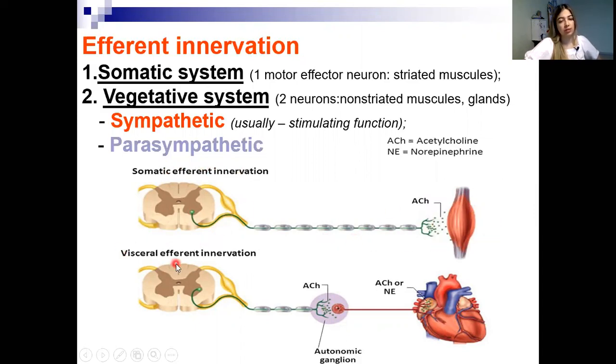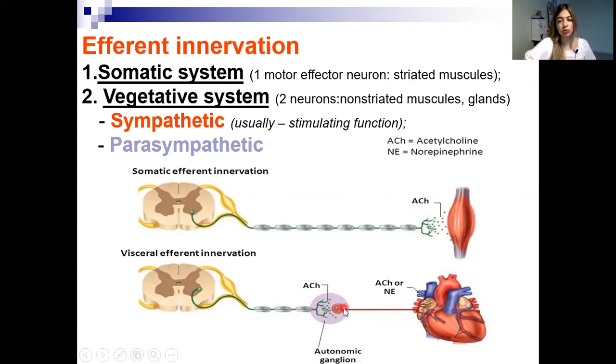And what about visceral efferent innervation, the parasympathetic innervation? The structure is a little bit more complicated. It includes two neurons. First, preganglionic neurons. They go from the CNS and they end in the autonomic ganglion. This ganglion is like a node in which the transmission happens from the first neuron to the second neuron.